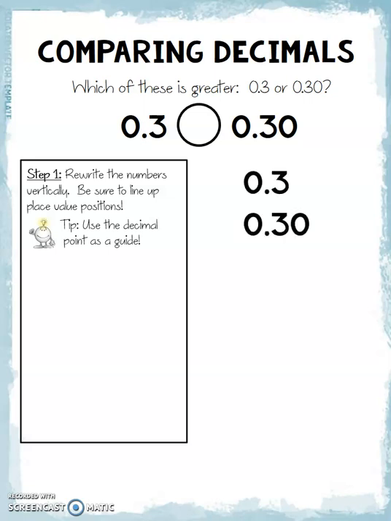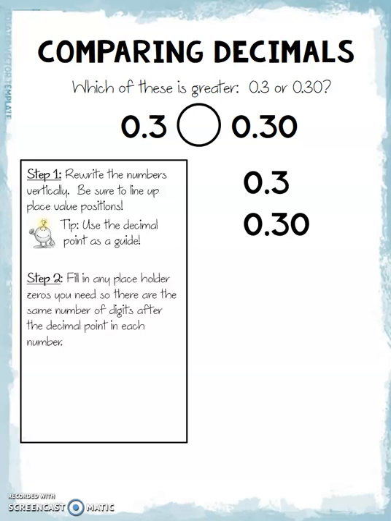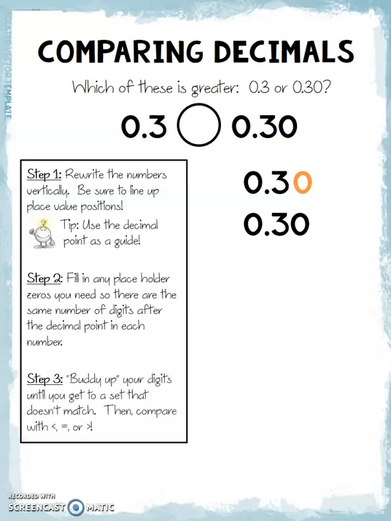So I'm going to write 0 and 3 tenths and 0 and 30 hundredths vertically. Then I'll fill in any placeholder zeros so I have the same number of digits after the decimal point in both numbers. In this case, I need to add a placeholder 0 in my first number. Now you might have noticed something that just happened, but let's go through our last step.